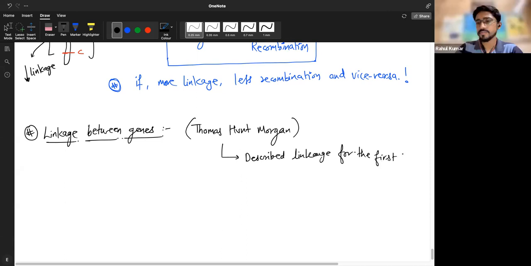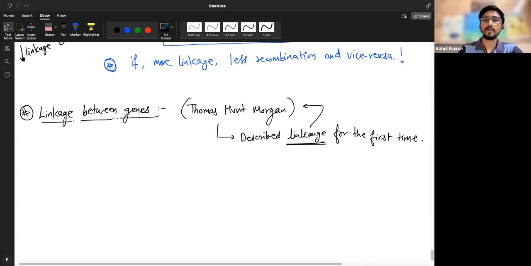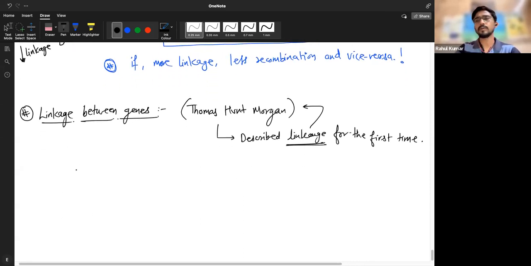Now, the first obvious question is, how did he figure out linkage? He also coined the term, so the term linkage was given by him only. He was doing a similar kind of cross which Mendel did in pea plants. Mendel took dihybrid or 2 genes and saw that both these genes segregate independently of each other all the time.